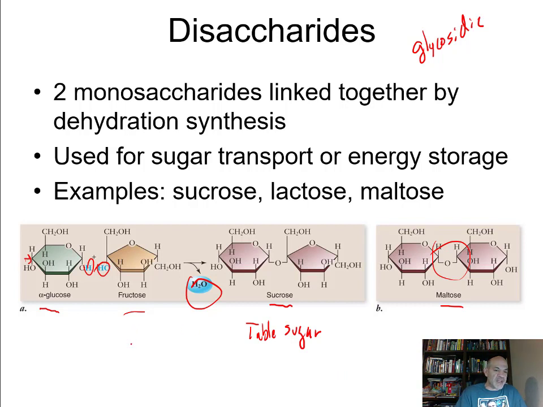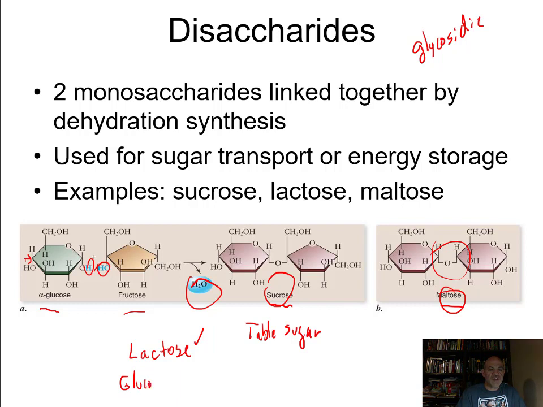And when those 2 combine, it gives you a sugar found in milk called lactose. And it's a disaccharide. So you might want to add that to your list there. We have sucrose, maltose, and another important disaccharide is lactose, and it's between glucose and galactose.